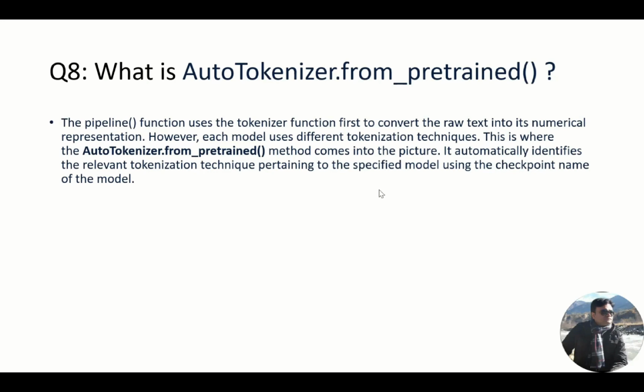So this is very much useful, because it is automatically identifying what kind of tokenizer we have to use for that particular model on which we are going to work through the pipeline. It is also very much asked in interview discussions. Okay.